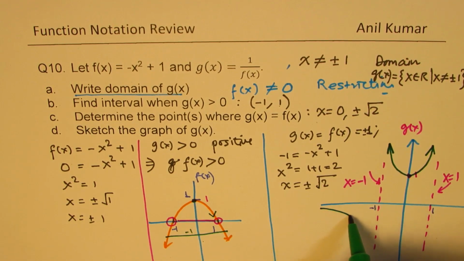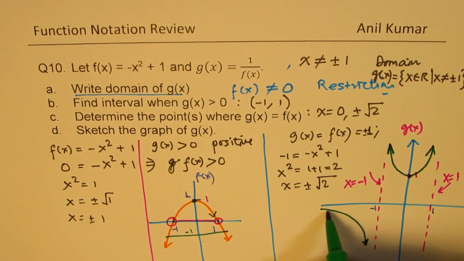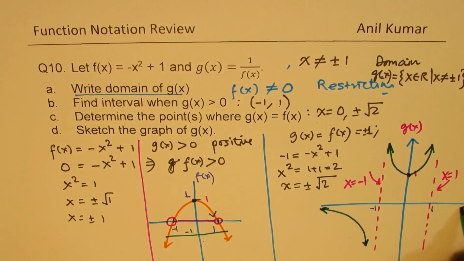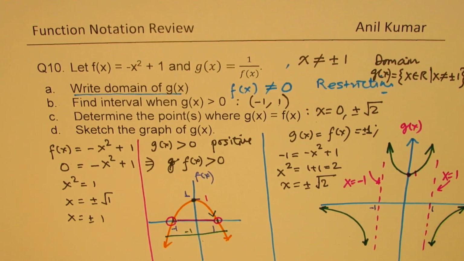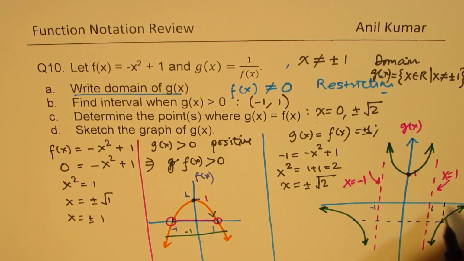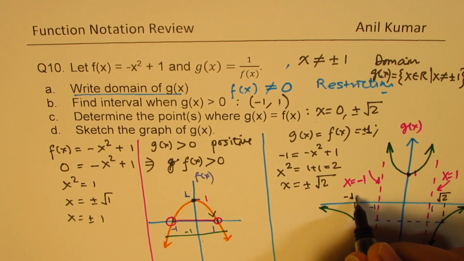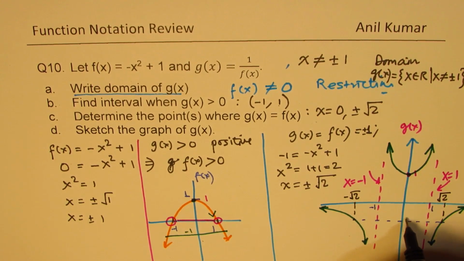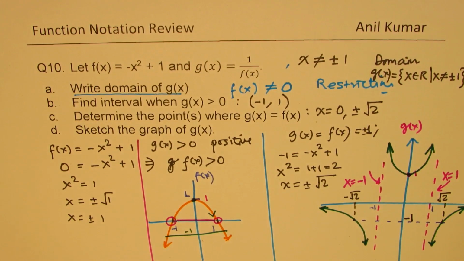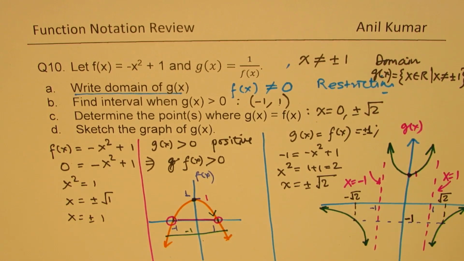So somewhere here the graph will look like this. And we know that at plus minus square root of 2, the value of the function will be negative 1. Is that clear to you? So that is how we could actually sketch our function g of x.